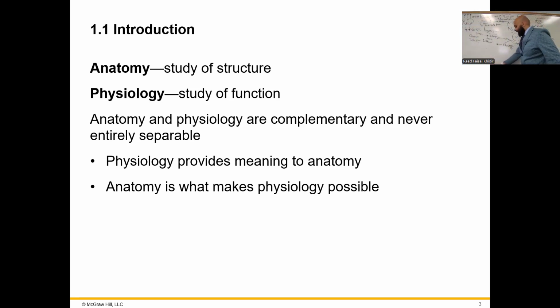When you look at the cell, you have to understand that when we begin anatomy and physiology, we're not immediately going to begin with a system. We're not going to begin with the endocrine system, the blood system, the cardiovascular system, the respiratory system, the immune system, or the lymphatic system.